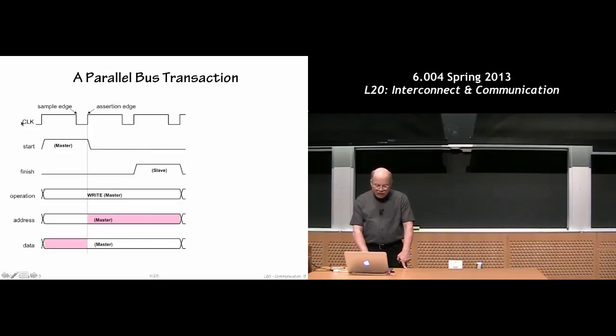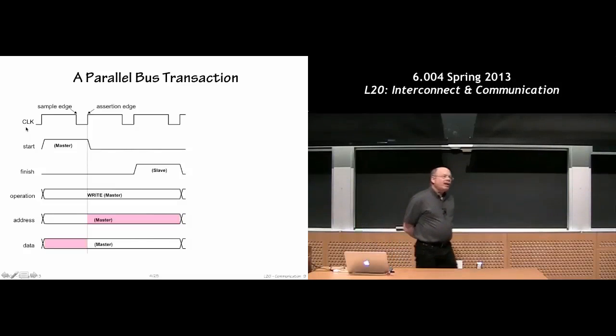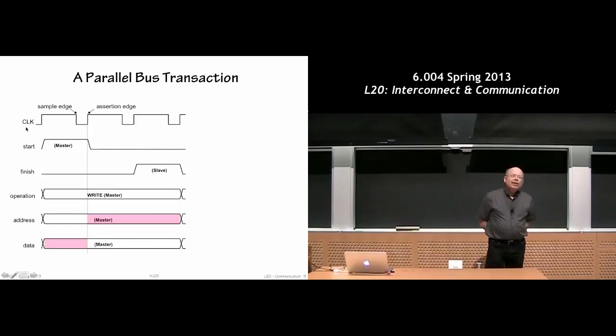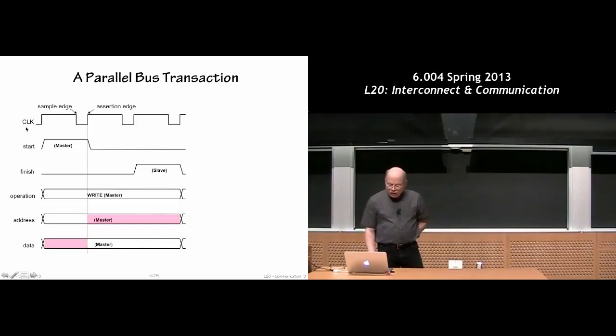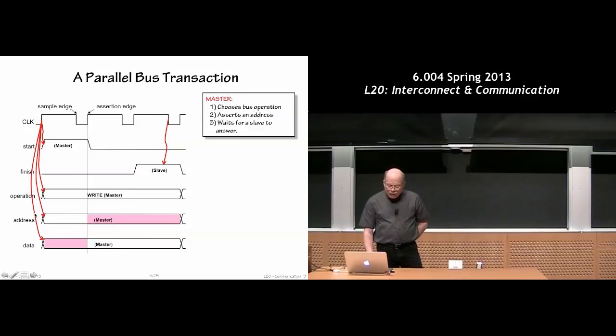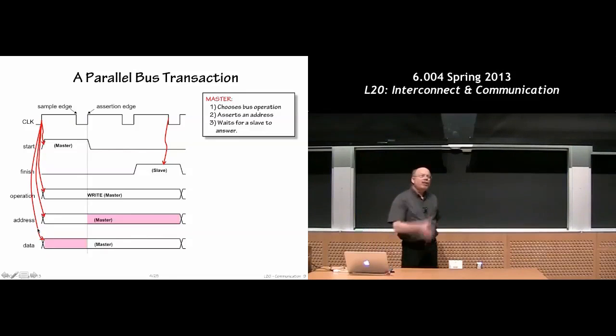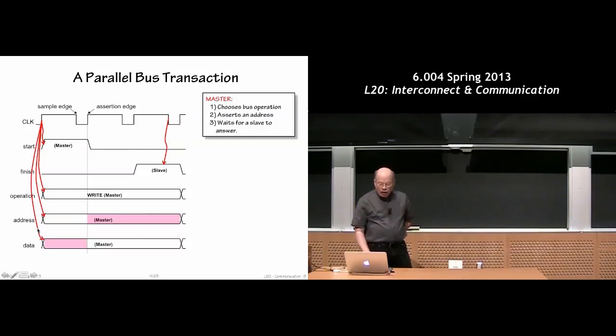Okay, to give you a sense of how that might work, here's the sweaty drummer here, and we're going to use both edges of the clock. We have one edge in which the sender changes what they're doing, and another edge that's called the assertion edge. So at the rising edge of the clock, whoever is trying to send information on the bus puts new information for that clock cycle onto all of these parallel wires.